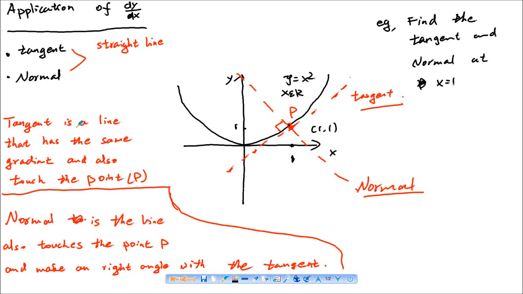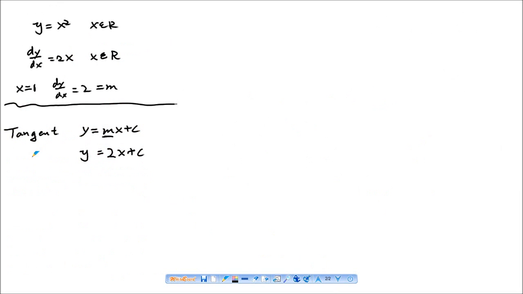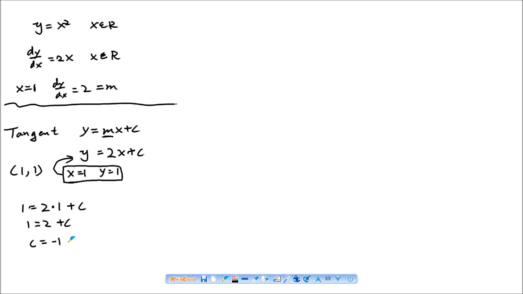The tangent touches the point P, where x is 1 and y is 1, so this straight line has to go through (1, 1). Substituting, 1 equals 2 times 1 plus c, so 1 equals 2 plus c. c is going to be minus 1.